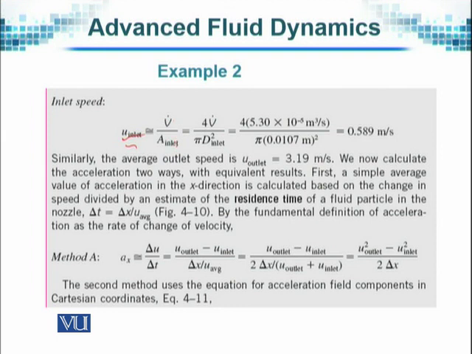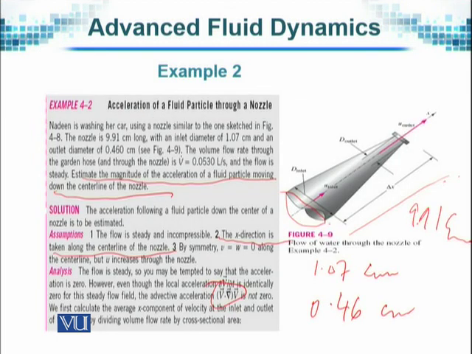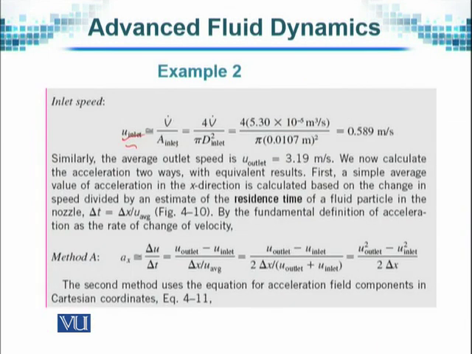Since the nozzle here is circular, the surface area is defined by pi r square, so A inlet is equal to pi r square.